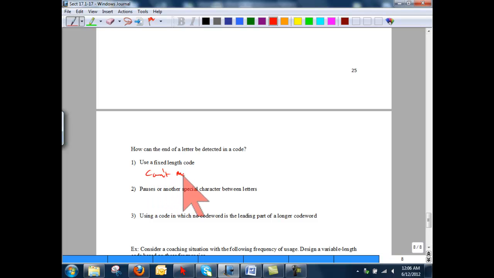Can't make code efficient by giving shorter words to the most common characters.